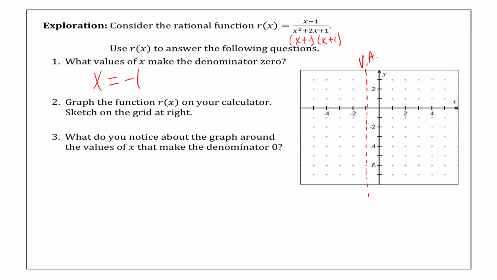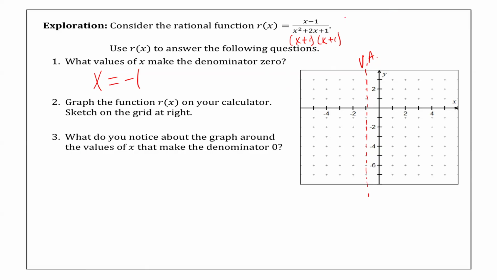All right, next, the degree of my numerator is smaller than the degree of my denominator. What did we learn that meant? Anyone remembers? Last unit, the degree of my numerator is smaller than the degree of my denominator. What does that mean? It's a horizontal asymptote at 0.